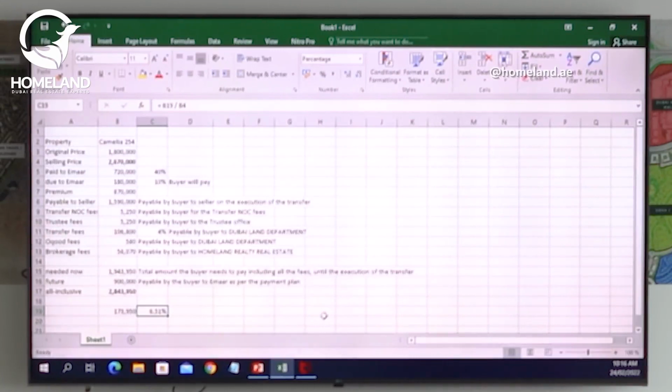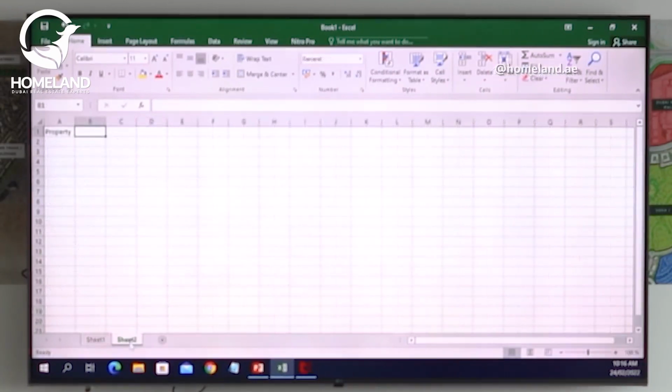Agreed? One more example. Downtown, Fountain Views, 8 Boulevard, 1 bedroom. Below the opening price. Fully paid. Ownership is title deed.